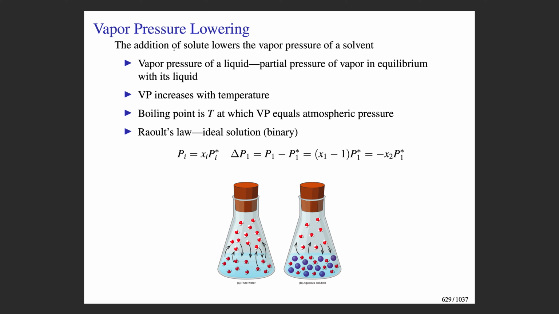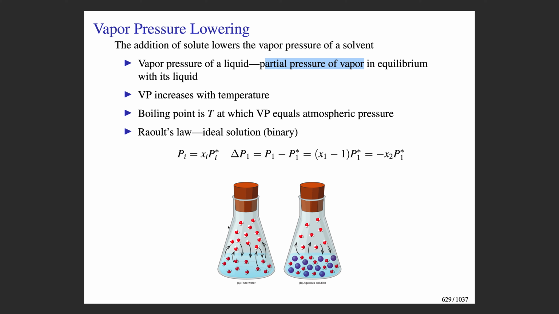Okay? So the vapor pressure of a liquid is the partial pressure of a vapor that is in equilibrium with its liquid phase. All liquids have a vapor pressure. And that vapor pressure depends upon temperature. So as you increase the temperature of the liquid, that's going to drive more of the molecules into the vapor phase, and so consequently the vapor pressure is going to increase.